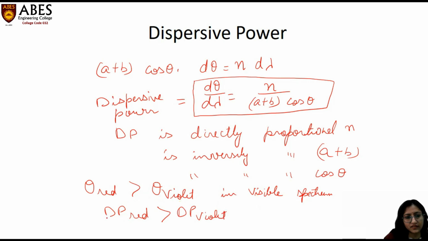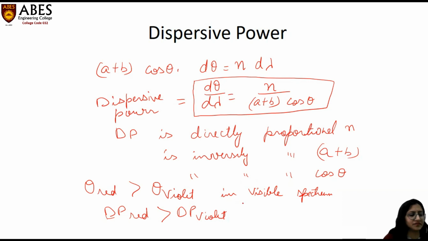The reason is that the dispersive power is not inversely proportional to theta; it is inversely proportional to the cosine of theta. So the red light gets more dispersed in comparison to the violet light.